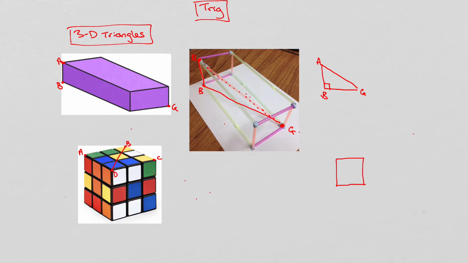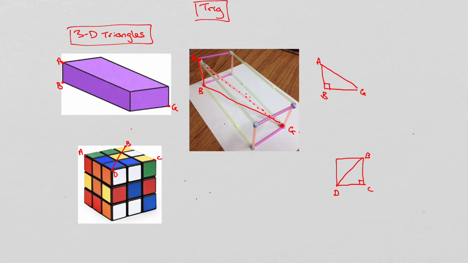It's a square. If you're looking for the diagonal from B to D, what have we made? We've made a right angle triangle. If we knew the sides CD and BC, the diagonal BD would just be Pythagoras. So lovely right angle triangles.